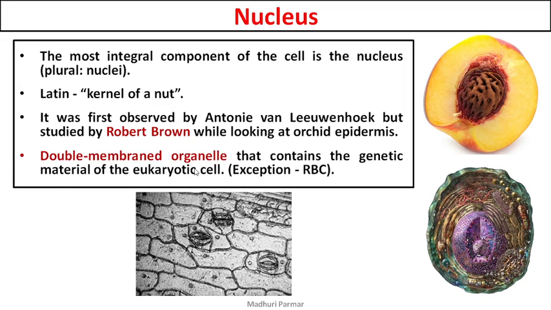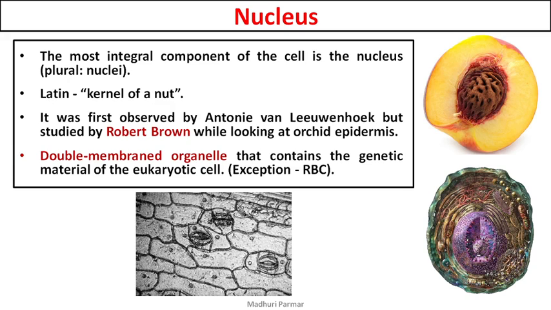It is a double membraned organelle, which means like mitochondria and chloroplast, it has two layers, two lipid bilayers. It contains the genetic material of the eukaryotic cell. Again, nucleus is absent in prokaryotes. It is only present in eukaryotes, so it is a very good difference between the prokaryotic cell and the eukaryotic cell. The major difference between the two is the presence of nucleus.